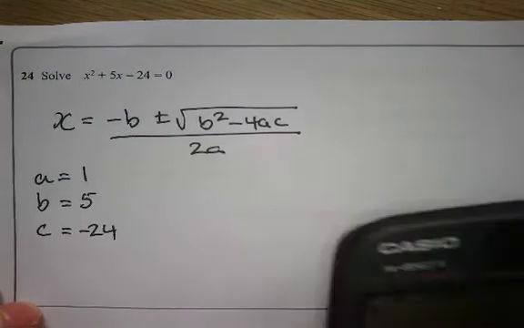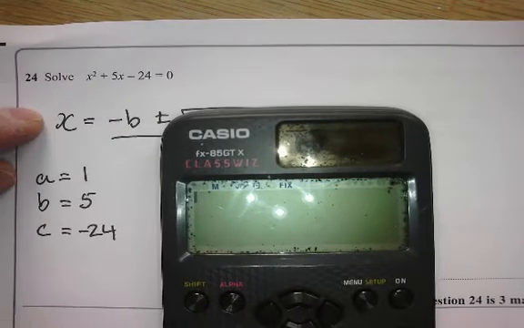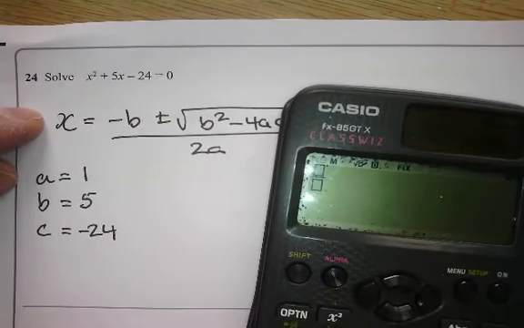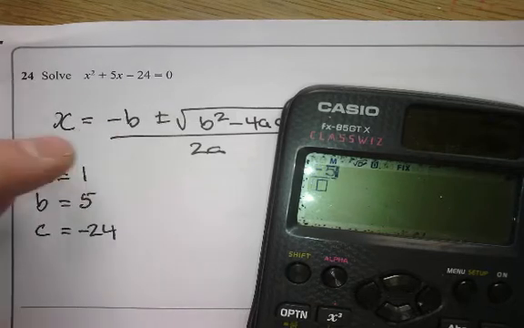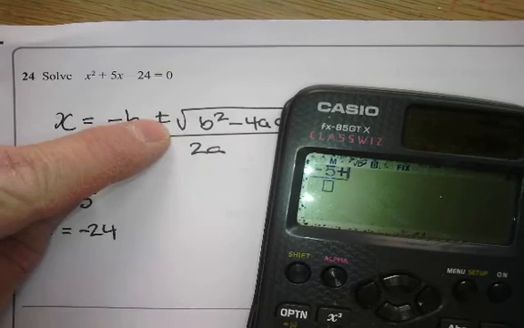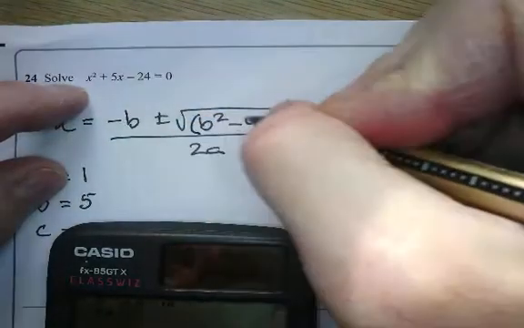So what you can do is type it straight into the calculator like this. Now I'll just show you how to do it, but it is quite complex. I put minus b, so -5, and I'm going to use the plus first and come back and use a minus afterwards. Then open the square root, but put a bracket in. It's really important to put a bracket in there.